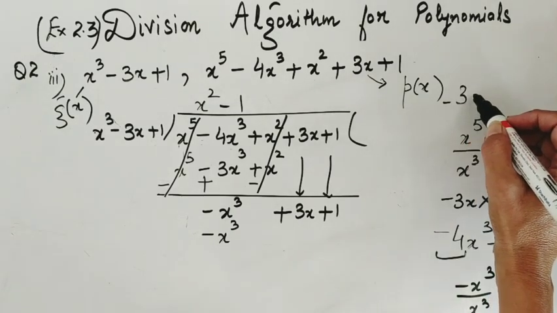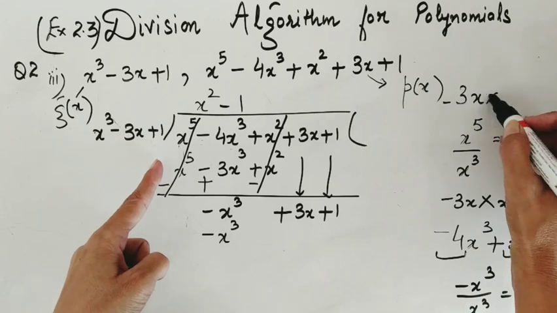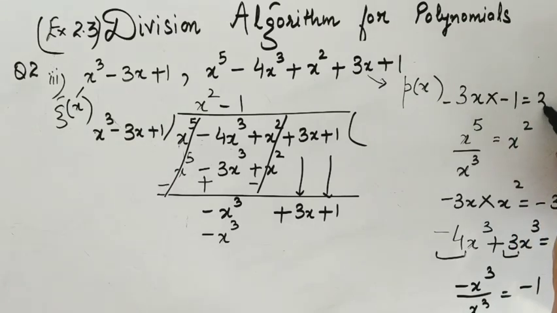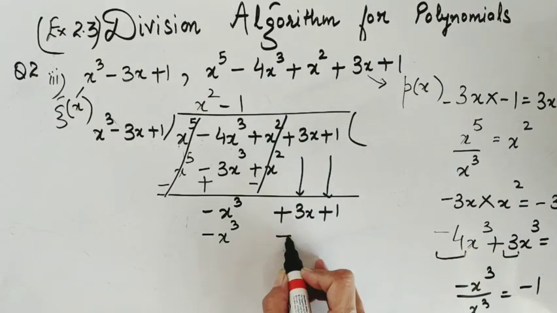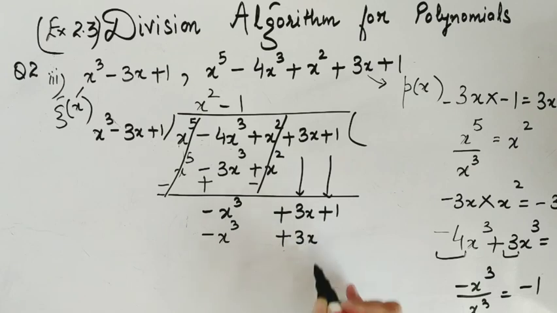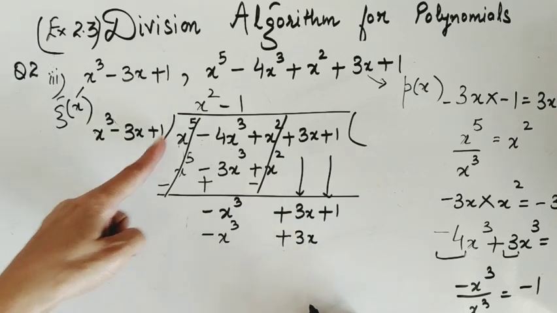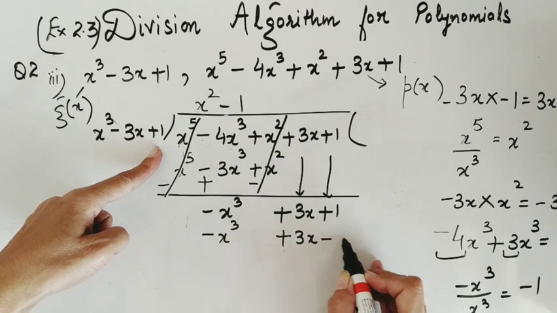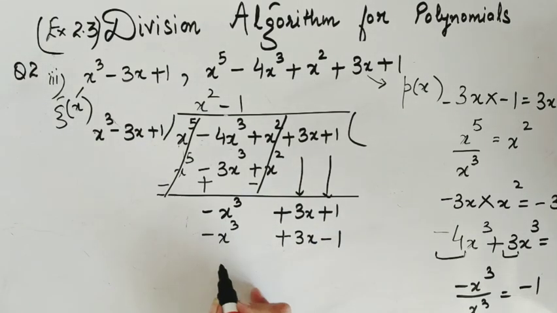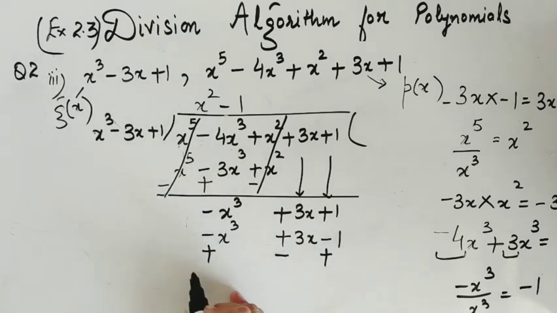Minus 3 times x into minus 1 would be positive 3x. So this becomes positive 3x. Then minus 1 and plus 1 would become minus 1. Change the signs. This is positive. This becomes negative. This becomes positive.